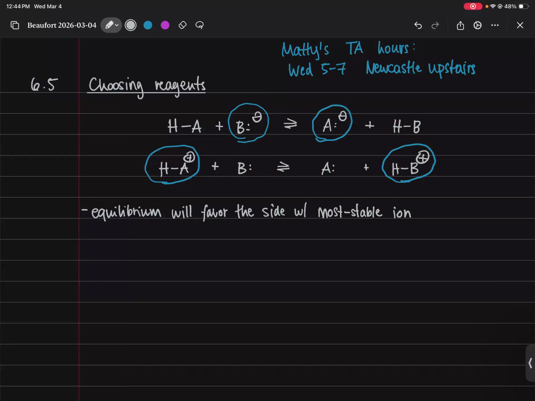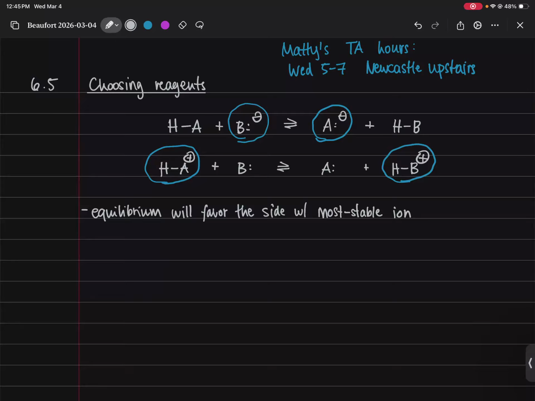So, for example, when we're talking about the REO examples, generally speaking, we're looking at the base. And so then we're looking to see whether B minus or A minus is a more stable base based on atom, resonance, induction, orbital.